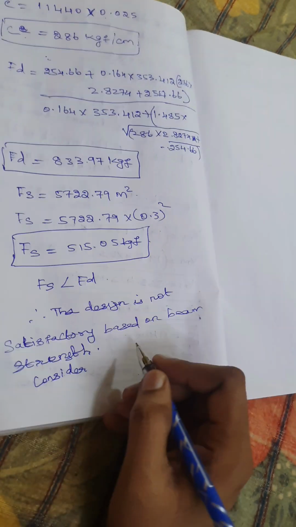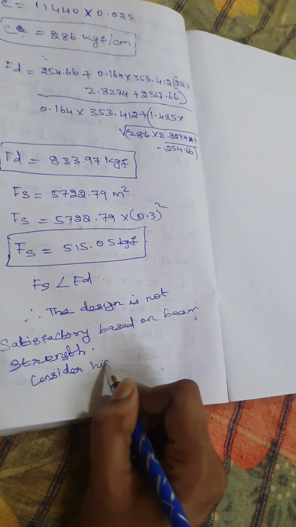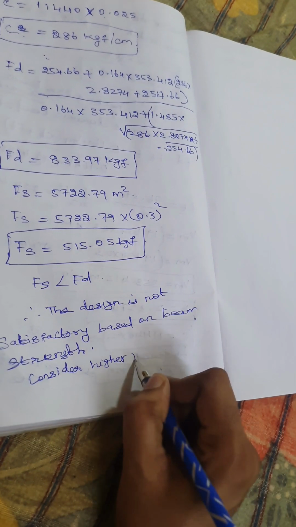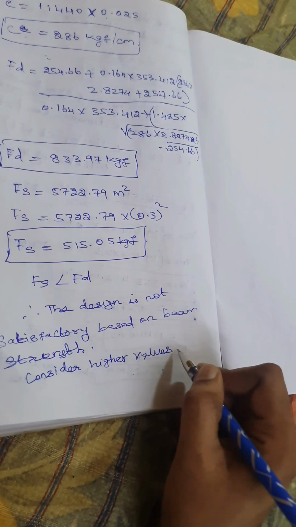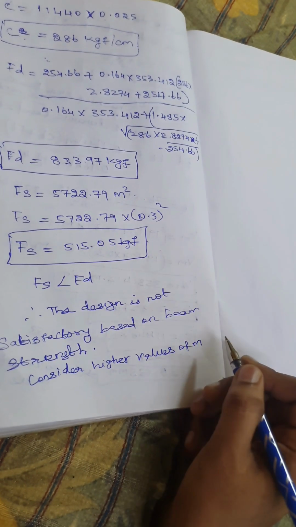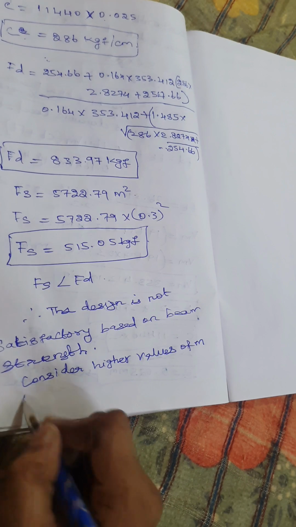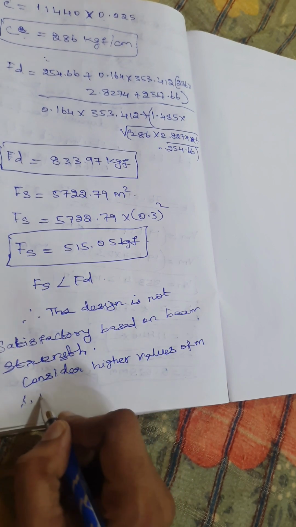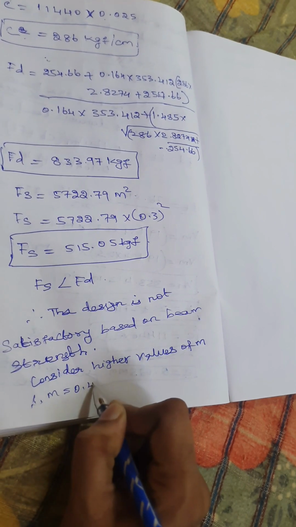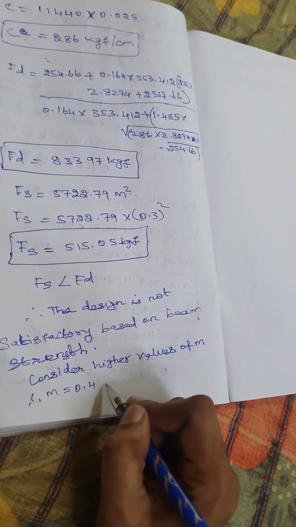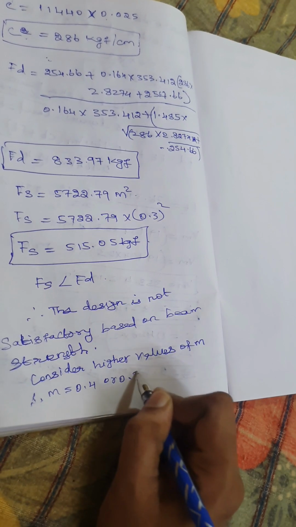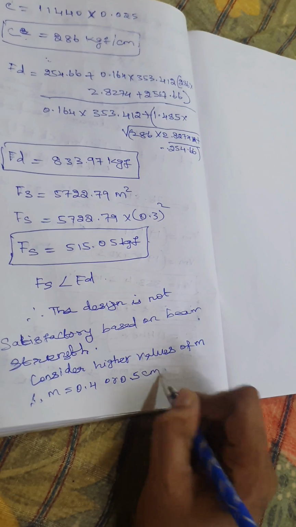higher values of m. That is nothing but, therefore m is equal to 0.4 or 0.5 centimeter has to be considered.